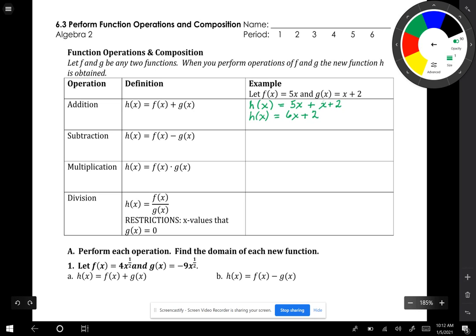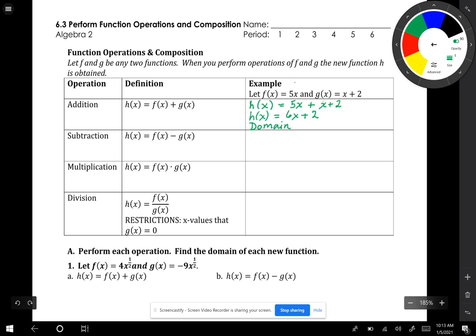And then we want to list the domain. That's going to be a big part of this particular section. So our domain is our input values. What can x be so that the function is still defined? Well, if you look at h of x, that's 6x plus 2. And if you look at f of x and g of x, they're all linear.